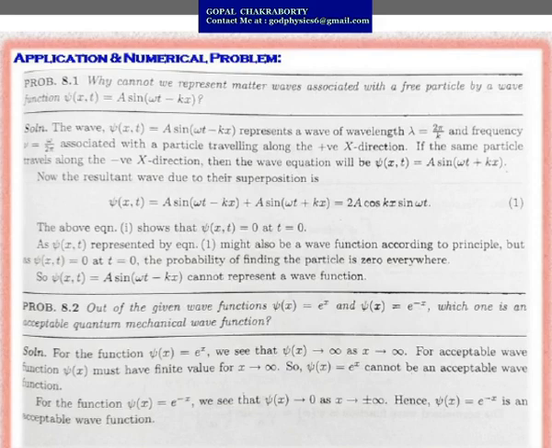For an acceptable wave function, psi of x must have a finite value, so psi equals e to the power x cannot be acceptable. For psi equals e to the power minus x, if you put x equals plus or minus infinity, that gives psi tends to 0. As psi has a finite value, you can say that psi equals e to the power minus x is an acceptable wave function.